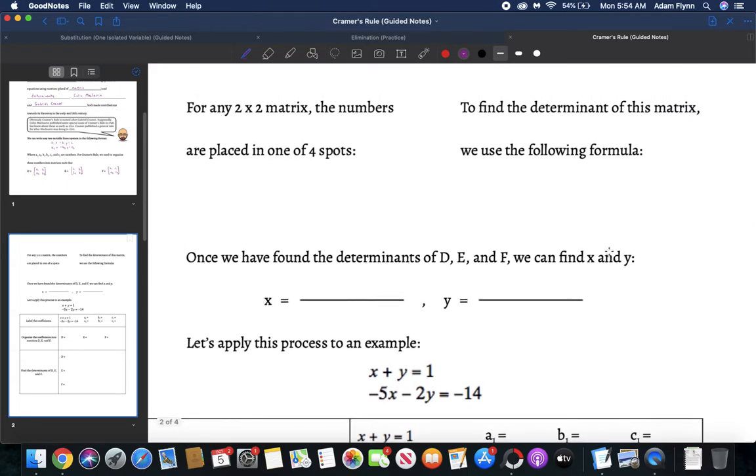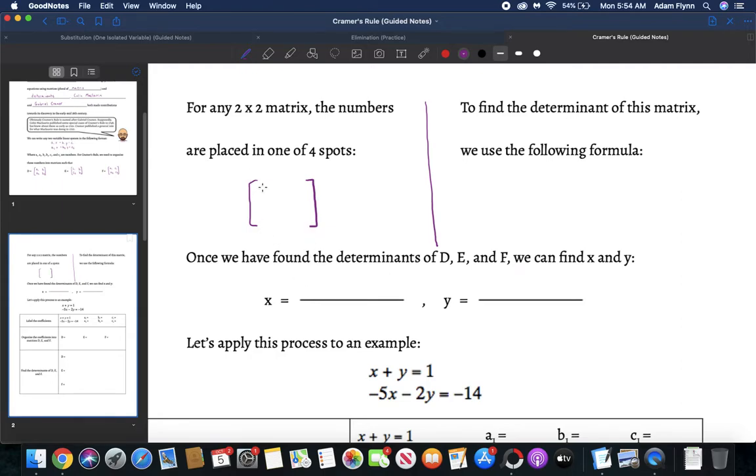Okay, so for any 2 by 2 matrix, okay, this is kind of split into 2 columns right here, if you want to draw a line. For any 2 by 2 matrix, the numbers are placed in one of 4 spots, okay? So if I'm given a matrix, this is just a general rule of thumb, okay?